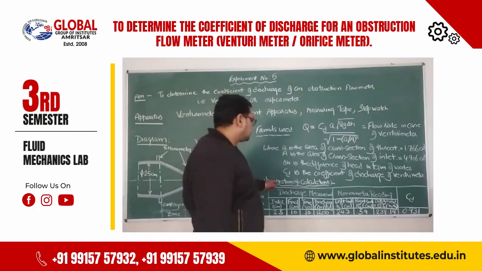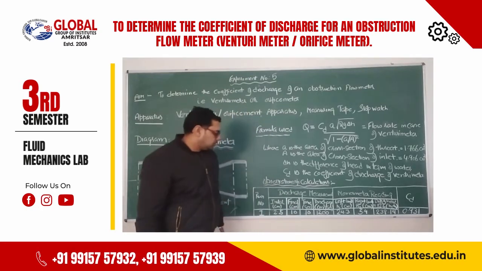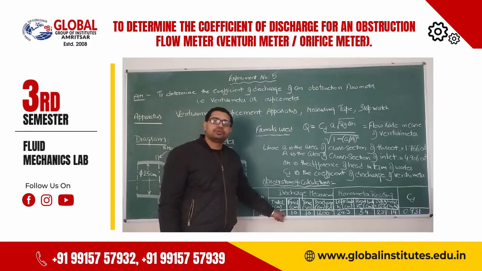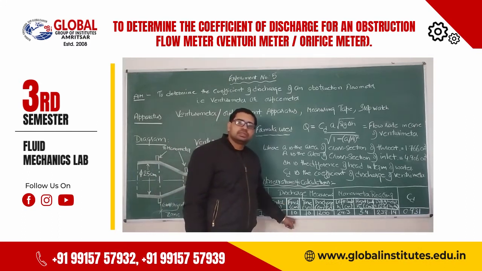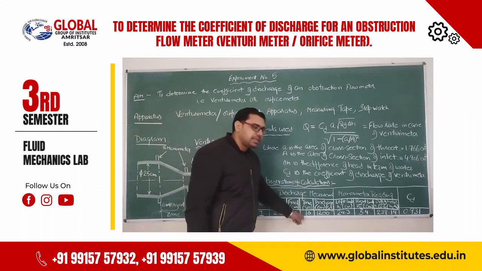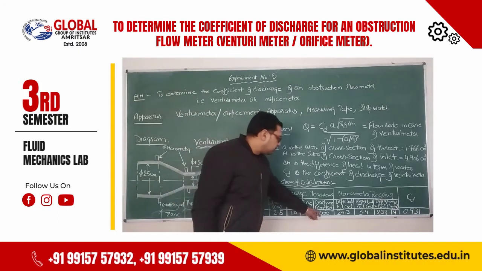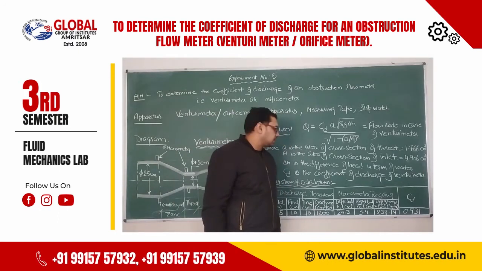Students, coming to the observation and calculation part, in the discharge measurement you have noted down the initial level as 2.5, the final level as 10 centimeters, and the time taken to rise the level as 10 seconds. So the discharge comes out to be 1200 centimeter cube per second.